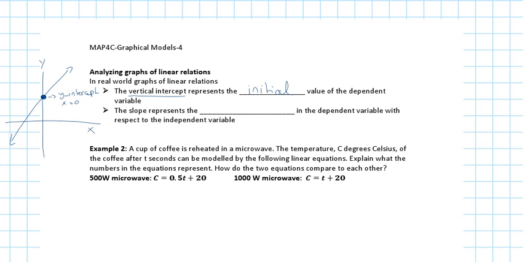The slope represents the steepness of the line, and it also represents the rate of change.